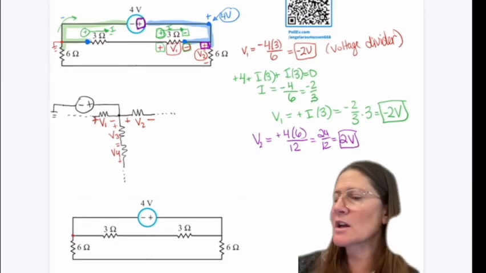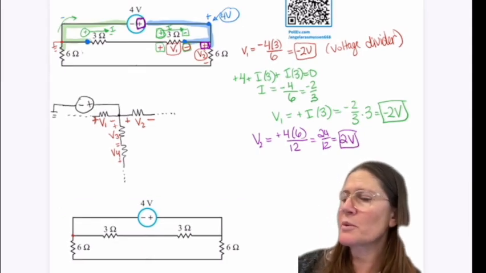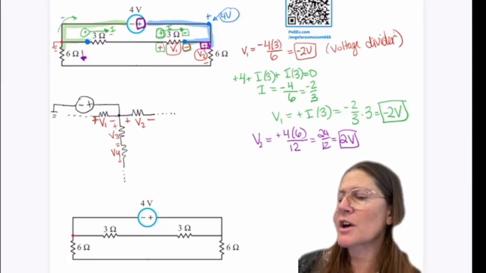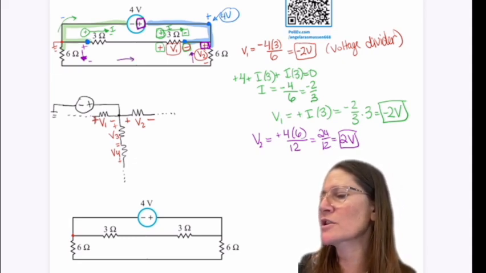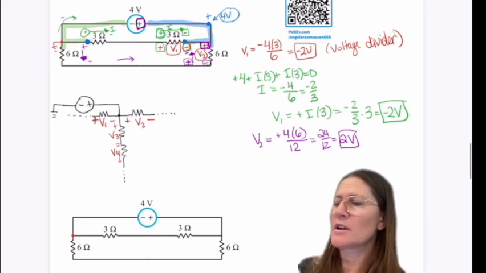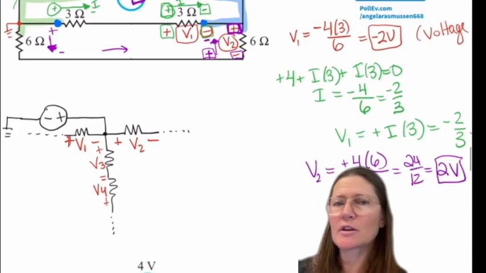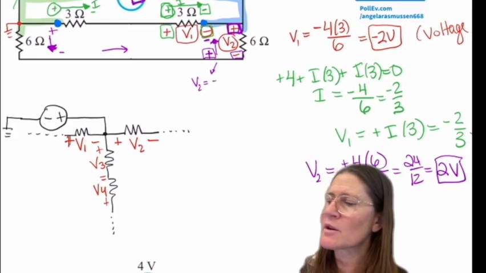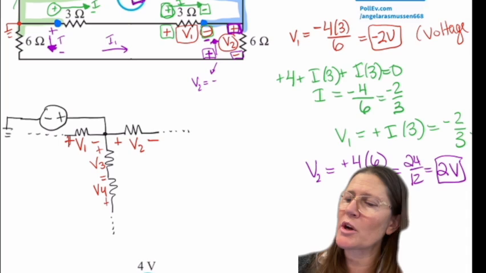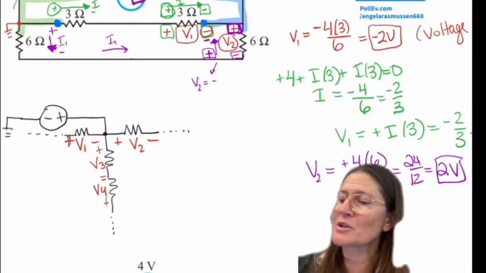Or you can take a loop and define the current direction. If I define the current direction this way, notice that I have a plus minus, which is going to be opposite each other for the I and the V. So then my V2 here would be a minus whatever I find for, I'll call it I2.